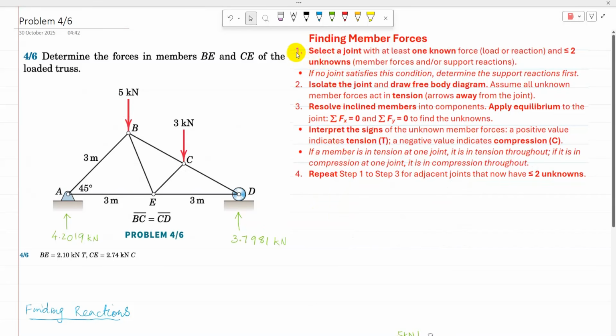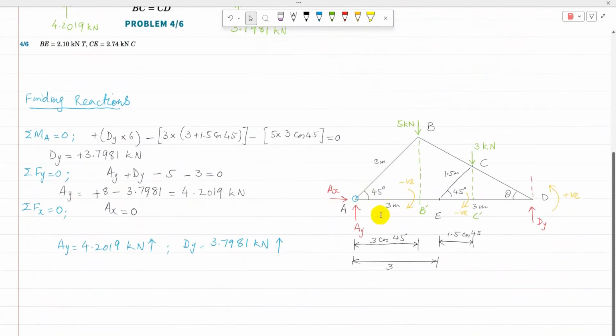Then I can again start from step 1. Now at joint D, there is one known reaction and two unknown member forces. So I can start with joint D, or otherwise I can start with joint A, because at joint A, Ax is equal to 0.